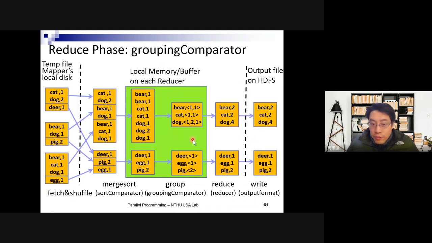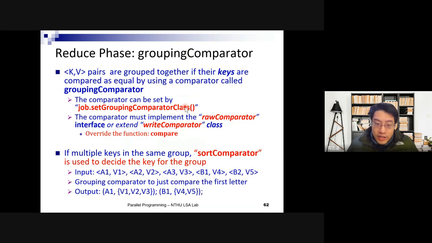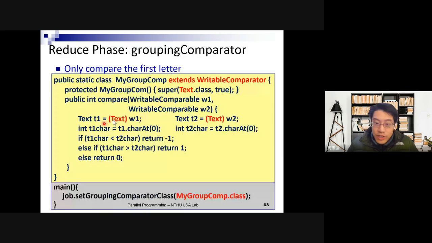And as for grouping, similarly, in this case maybe we only want to group by the first part of the key, and we can do that by writing the compare function like shown over here. Basically, we have two keys. The compare function will decide, given two keys, which one is larger and which one is smaller, right?